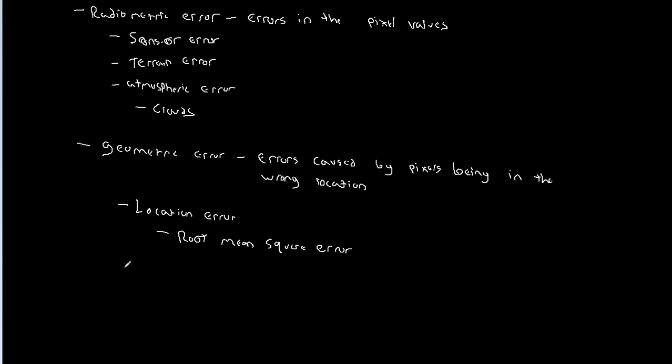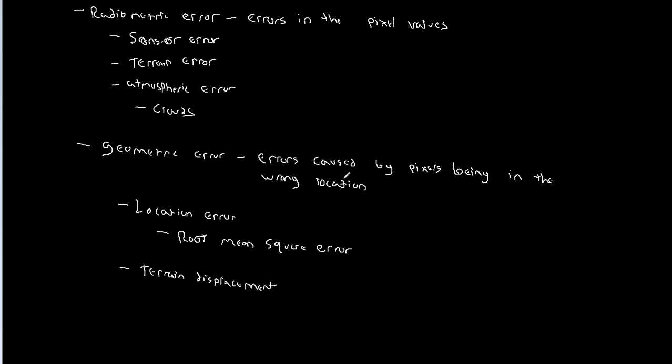And then we're going to talk about something called terrain displacement, which has to do with the geometry between the sensor and angles or terrain occurring on the Earth's surface, and see how this can cause some errors in the location of things in the image.